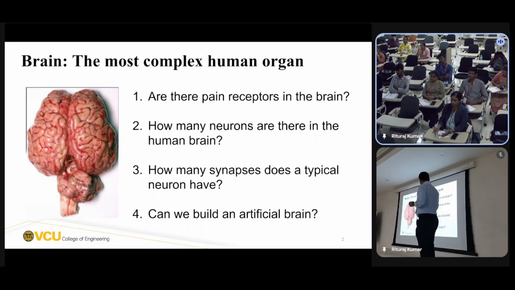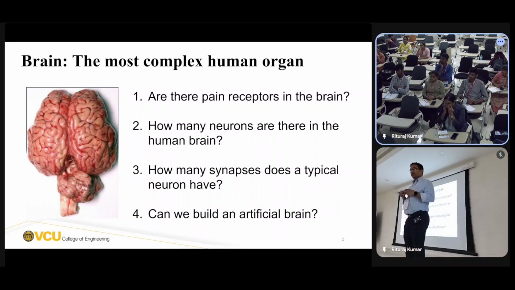So when they do surgery on the brain, you don't feel a thing. Do you know why? No pain receptors. That's why neurosurgeons prefer to do surgery on the brain with the patient awake, so that they make sure they're not unintentionally damaging anything else.